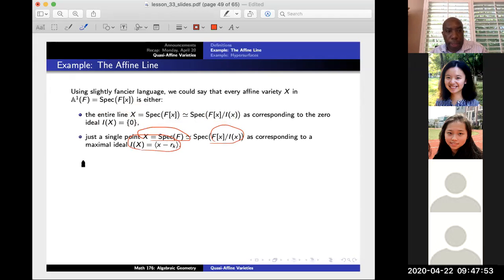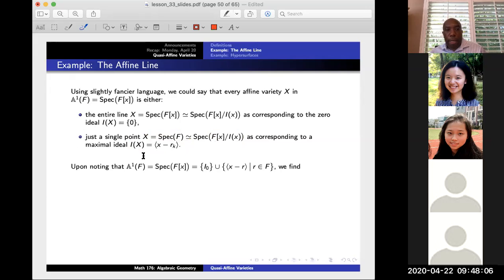So this is what's crazy now. Every affine variety X corresponds to one of these two cases, either the zero ideal or a maximal ideal. Well, that's not a coincidence, because notice that spec of our ring, what we're calling the affine line, consists of one of these two ideals. Either inside spec of R, we have the zero ideal, or we have a maximal ideal.